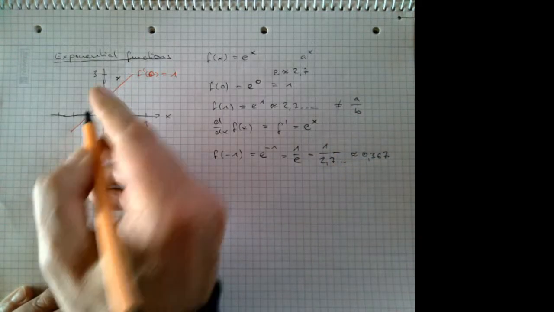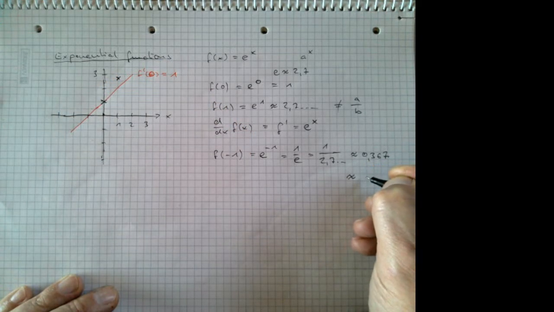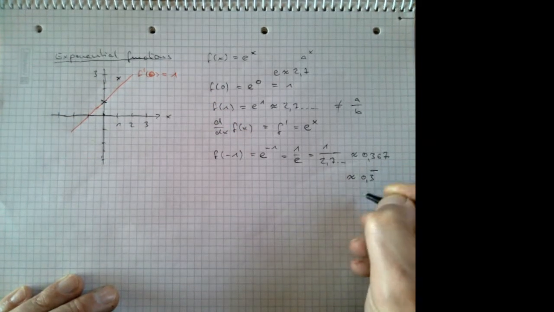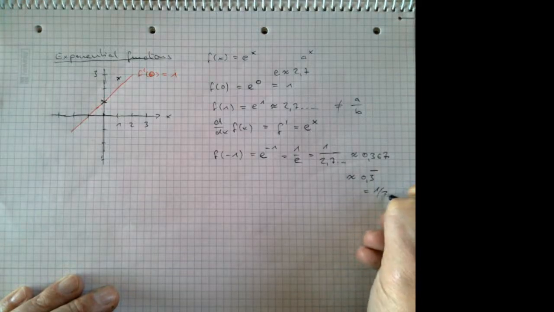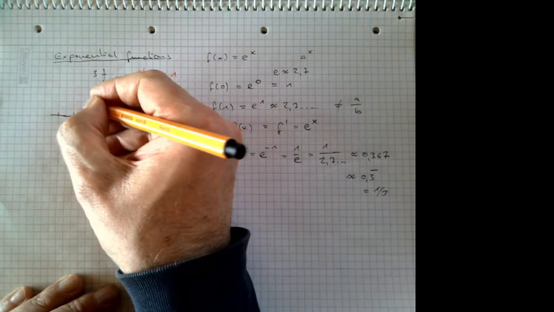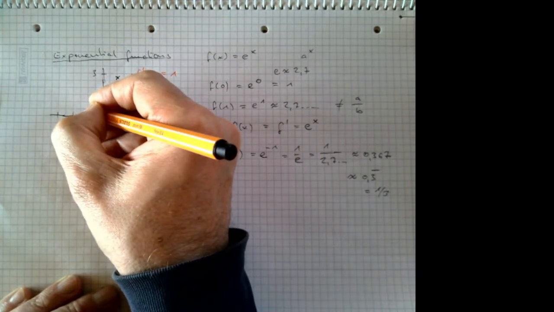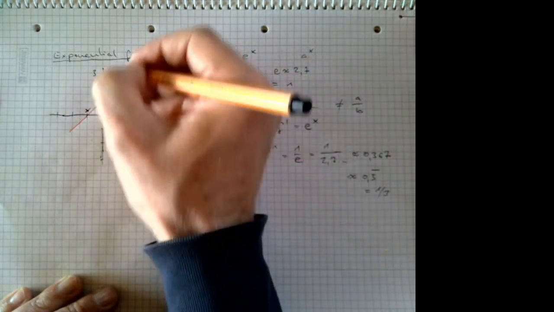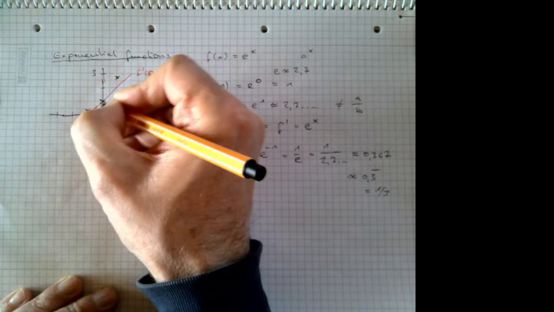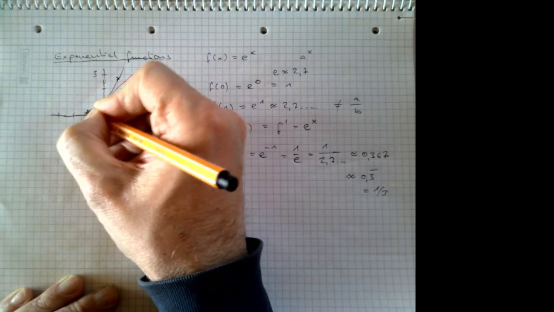So it's approximately a third, maybe here, right? So that would be this point. Now we have 3 points, and we have the slope here. So that means we can draw this thing like this one.